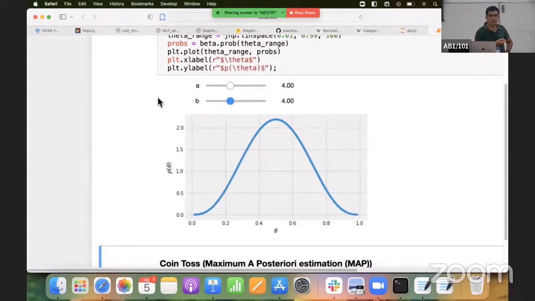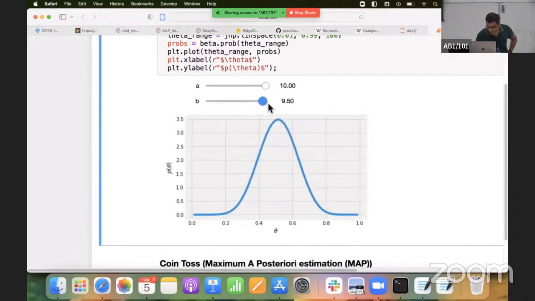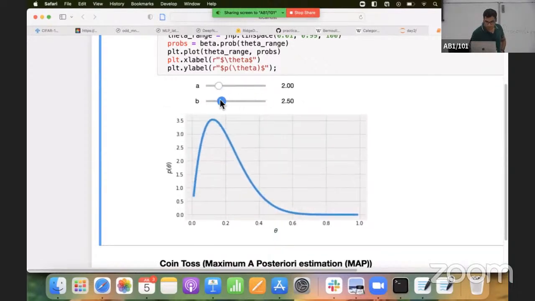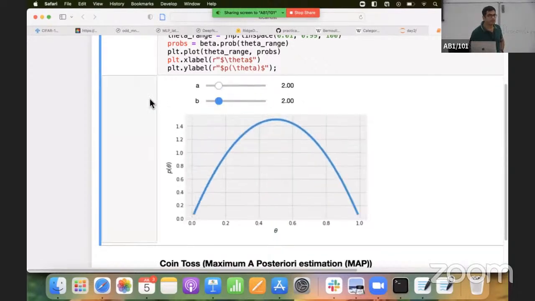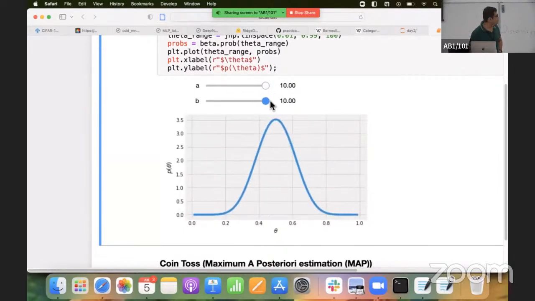Has it got even narrower? If you want to see a more direct jump, let's go to 10, 10. So carefully look at this 10, 10 distribution, look at the variance, and let's go back to 2, 2. Can we see that the variance has significantly reduced?